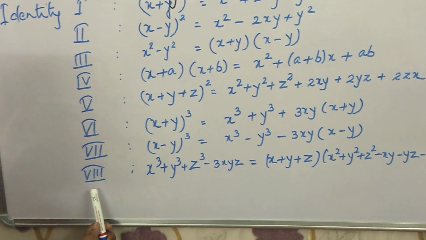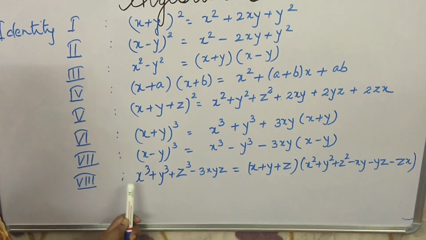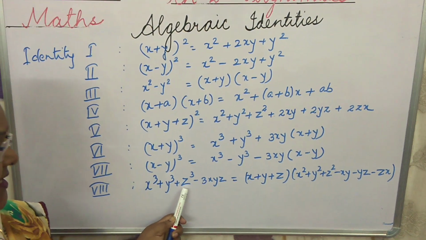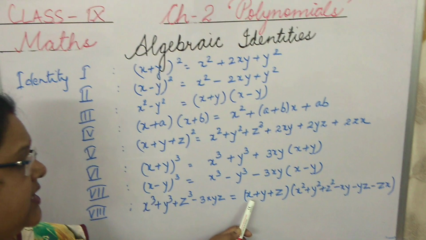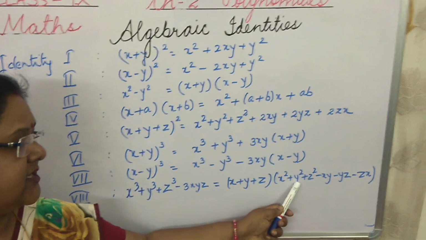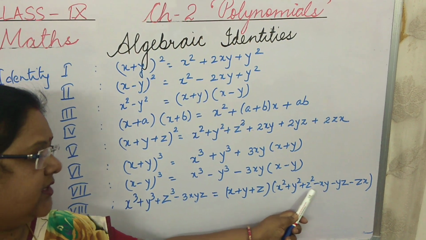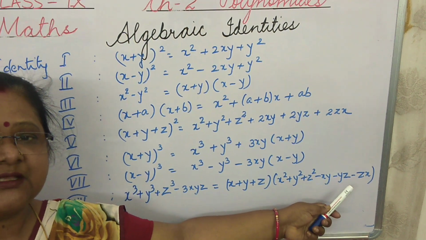The last identity, the eighth identity which we will be using in this class, is x³ + y³ + z³ − 3xyz = (x + y + z)(x² + y² + z² − xy − yz − zx).